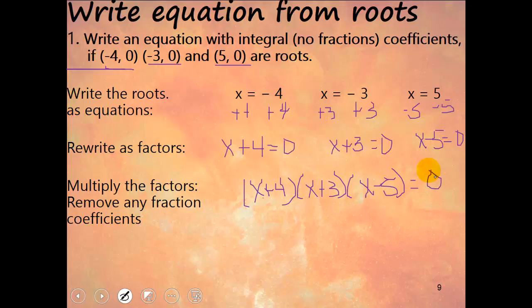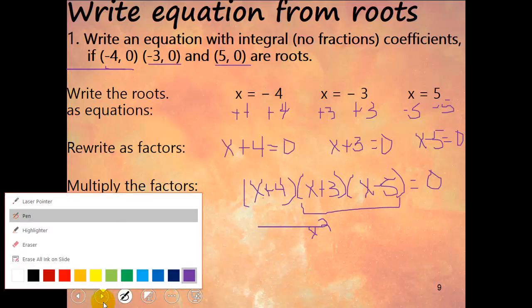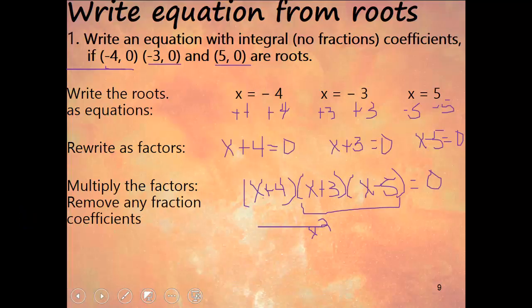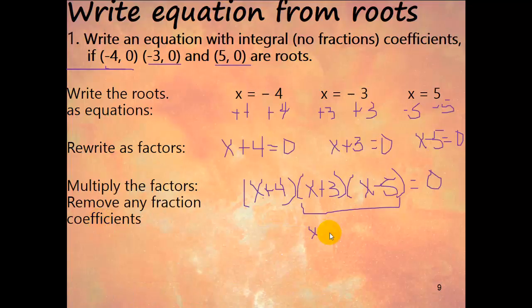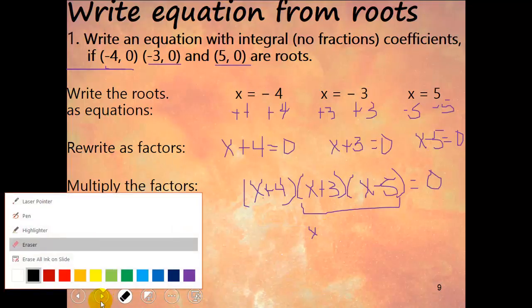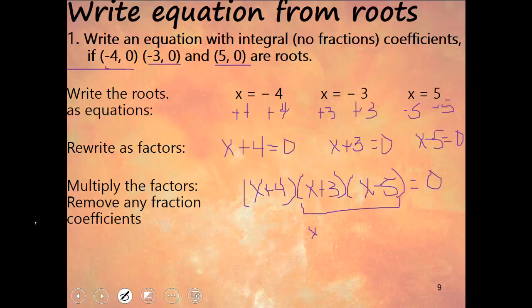I'm going to multiply, doesn't matter which way, these two together first. So I'm going to get x squared minus 5x plus 3x minus 15.